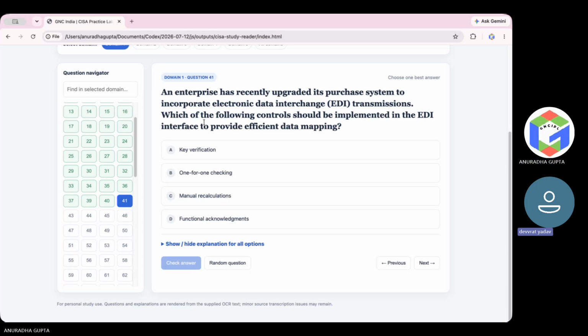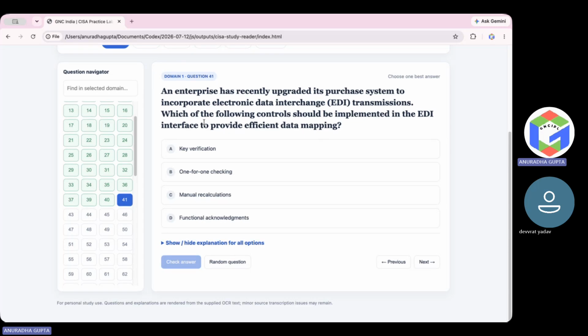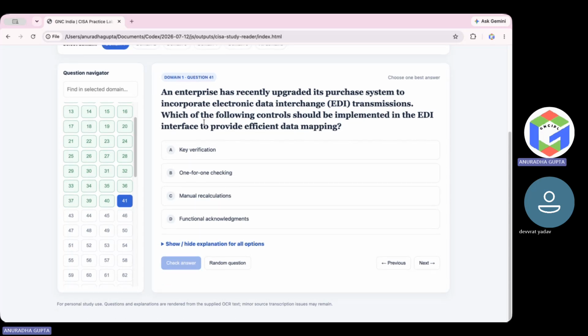In our similar earlier example, I gave the example that if you have transferred some amount to your friend and later on he denied that he has received it, then in order to avoid that we use non-repudiation.